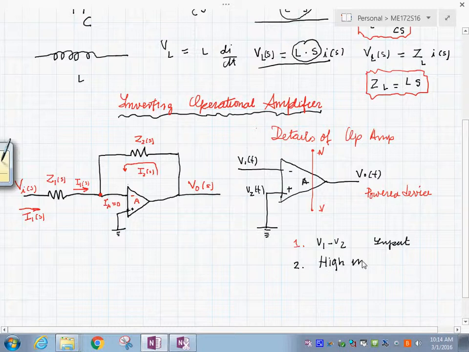So this A in ideal operational amplifiers is close to infinity, and therefore the output voltage here is equal to this operational amplifier constant times the difference between the 2 voltages.